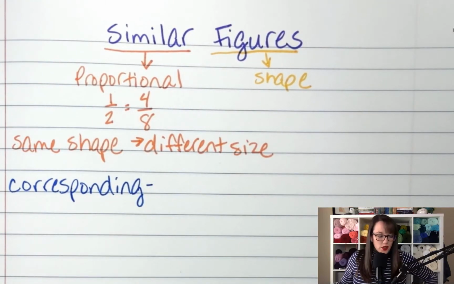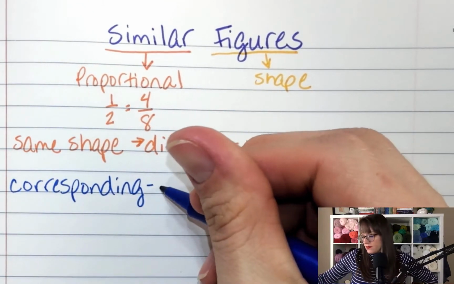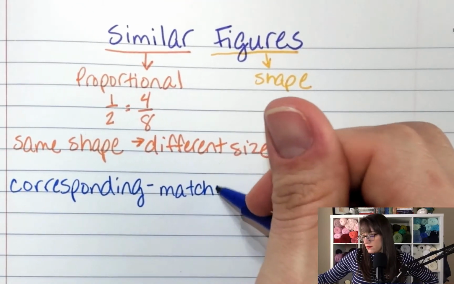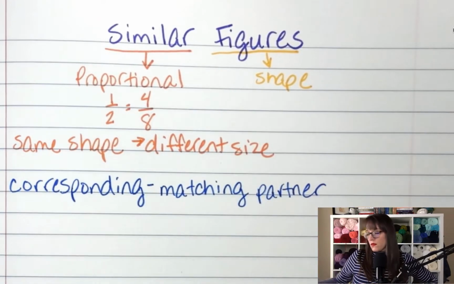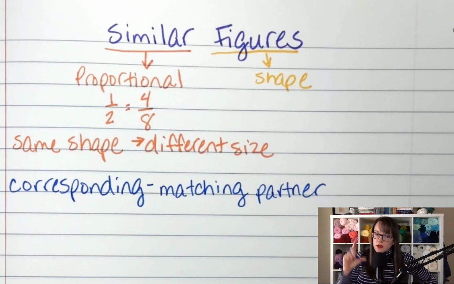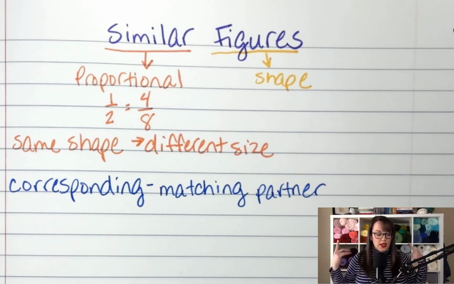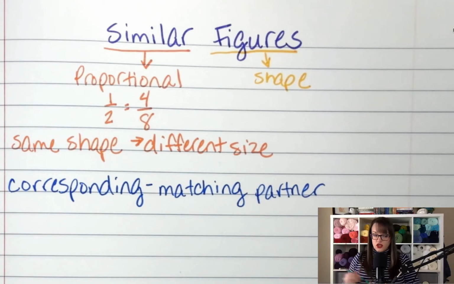In this lesson, corresponding is like its matching partner. So if there's a right angle in the little triangle, the corresponding angle is the right angle in the bigger triangle. All right, there are two rules for proportionality, just two.